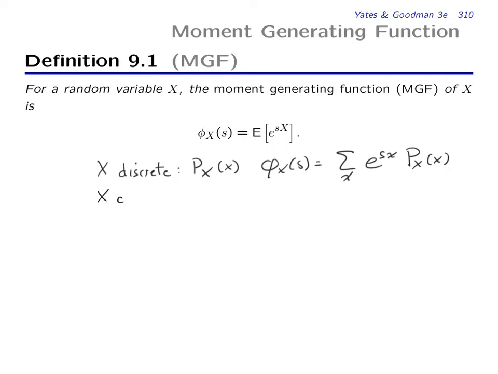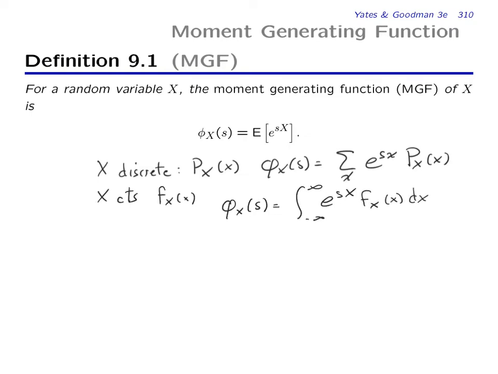When X is continuous, it has a PDF f_X of x, and in this case, the moment generating function is the integral of the function e to the sx times the PDF of x dx.